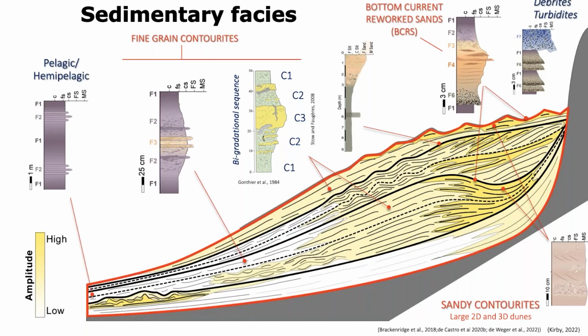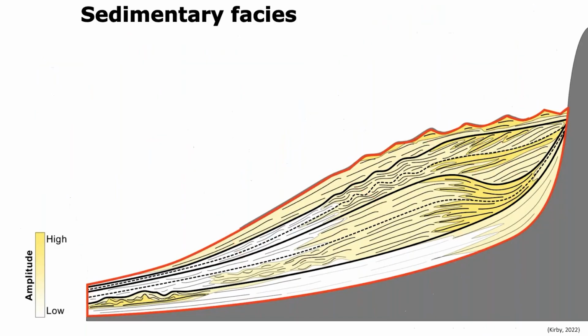Within a contourite system, we have laterally and vertically the association of all these phases. That is why it's not simple to identify this deposit in the field, and it's not simple when you are working with a well, with logging data.